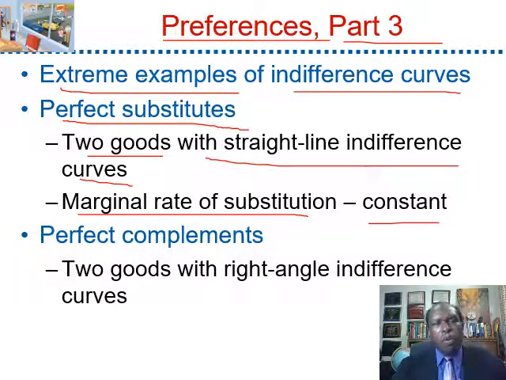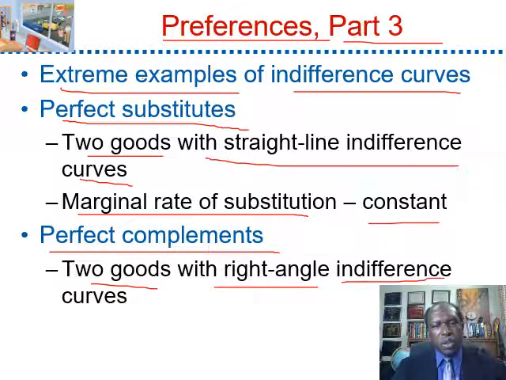The other extreme case is perfect complements. Perfect complements are two goods with right-angle indifference curves. For instance, right shoes and left shoes are an example of perfect complements.